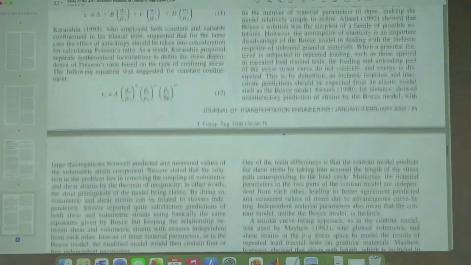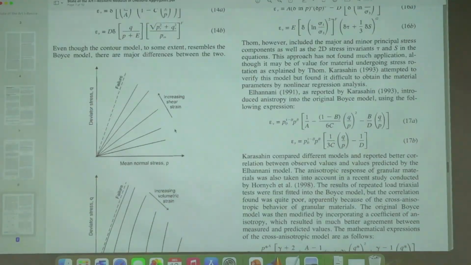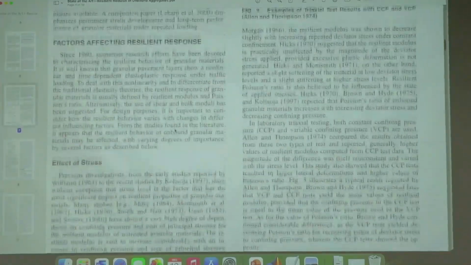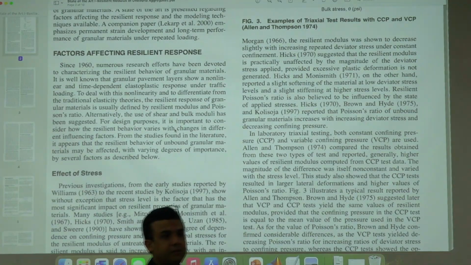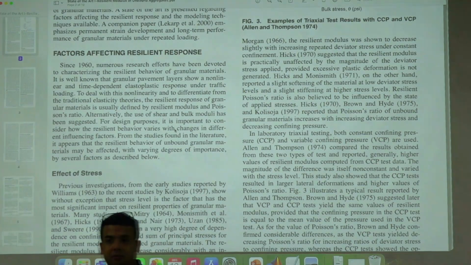There are a lot more models than we thought about. So it's a very good read, and anybody claiming to be doing unbound aggregate research should not go without reading this paper multiple times. It's an excellent paper on this.